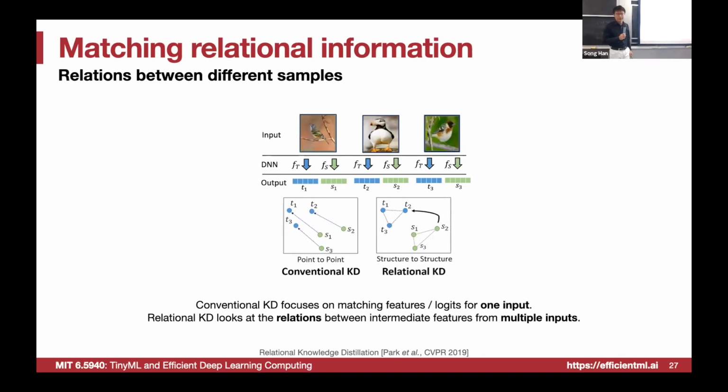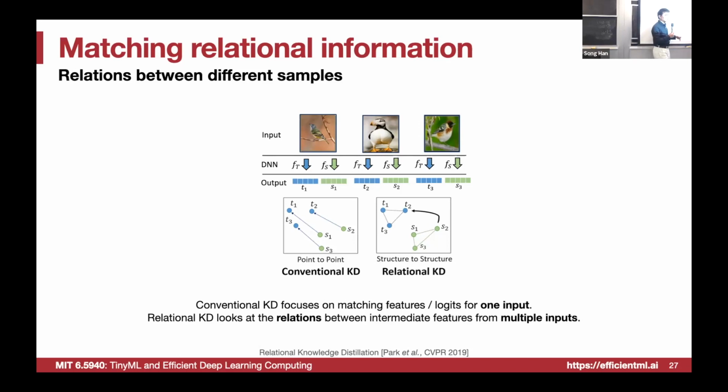Another interesting scenario is we can also try to match the relation between different samples. Like here, we have different inputs, okay? And for the teacher and student, P1 is for teacher 1, student 1. This is for the second image, teacher 2, student 2, third image, teacher 3, student 3. Previously, we were trying to match teacher 1 with student 1, teacher 2 with student 2, trying to minimize this pairwise distance.